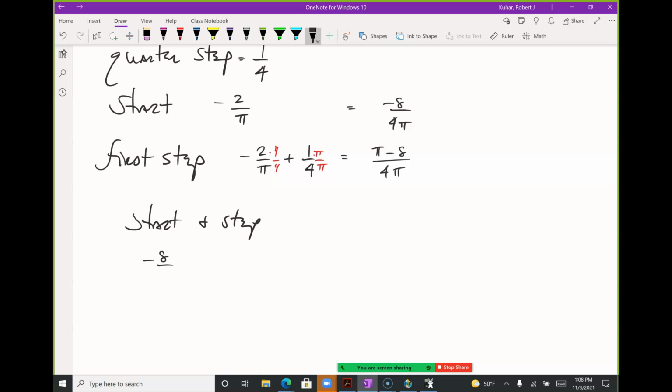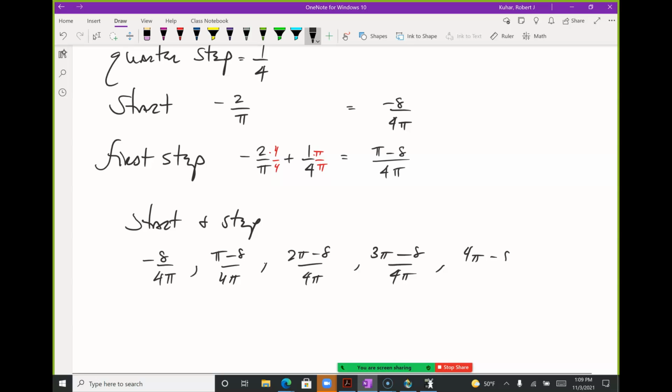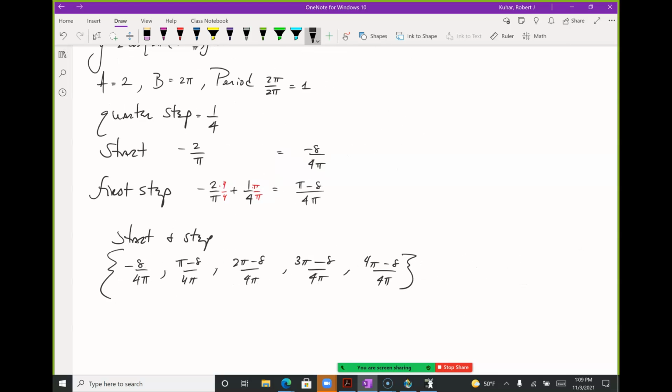So I got minus 8 over 4 pi, pi minus 8 over 4 pi, 2 pi minus 8 over 4 pi, 3 pi minus 8 over 4 pi, 4 pi minus 8 over 4 pi. Hideous.